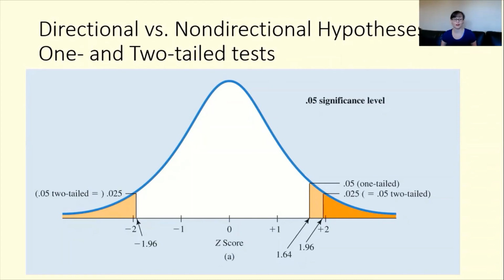With our directional hypothesis, we know that that hypothesis is pointing in a particular direction, and that's the only direction that we're going to look in order to look for our result. On the other hand, a non-directional hypothesis means that our result can be in either direction, and so we need to look in both tails in order to see if we have a result here.